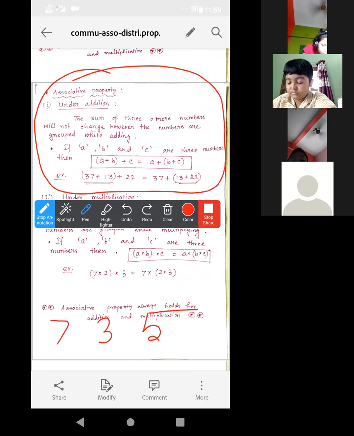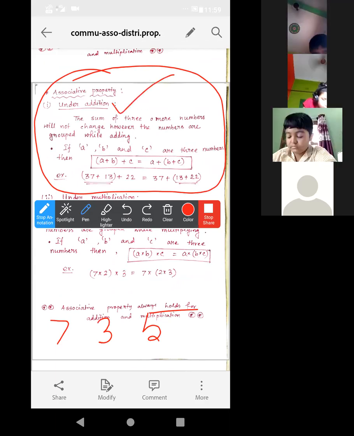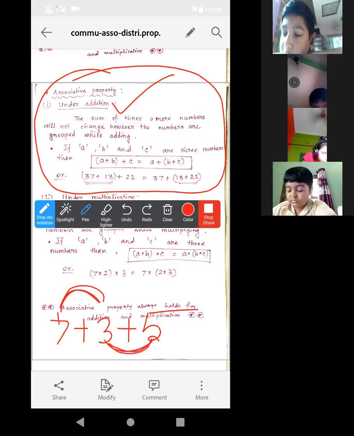I have taken associative property under addition, so we have to add them. Look, 7 plus 3 plus 5. But which one will we add first? This 7 plus 3 first, or 3 plus 5 first, or 7 plus 5 first? This is the point now.